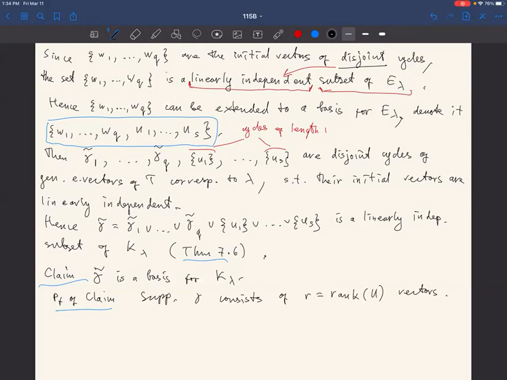So it means the size of gamma was exactly the rank. So note, this is not gamma tilde, this is gamma, the basis we had initially for the range of U. So denote this by R.